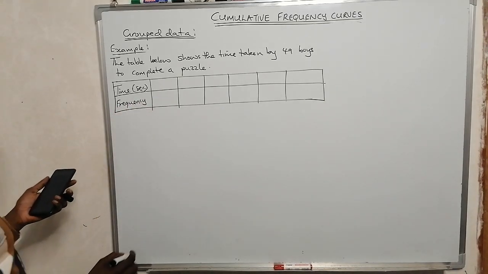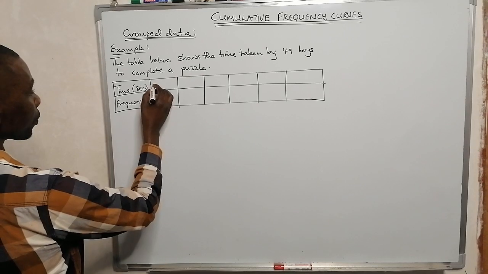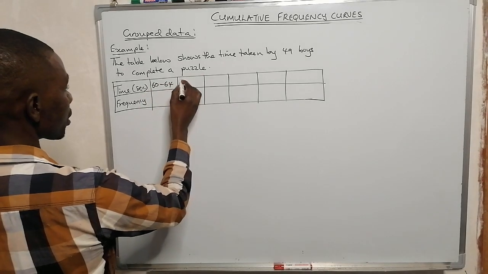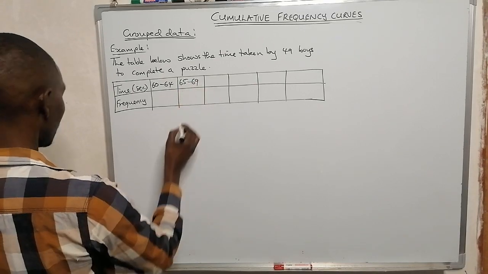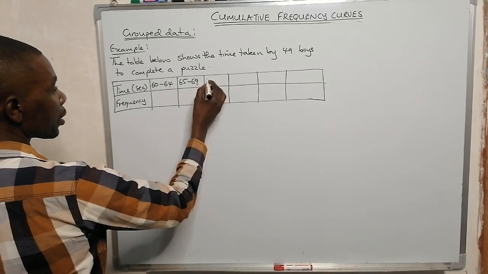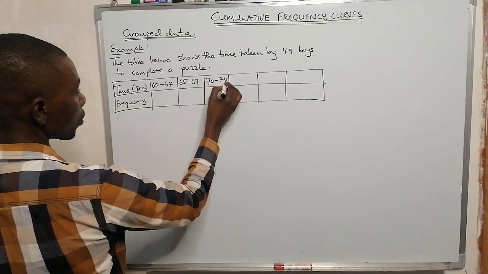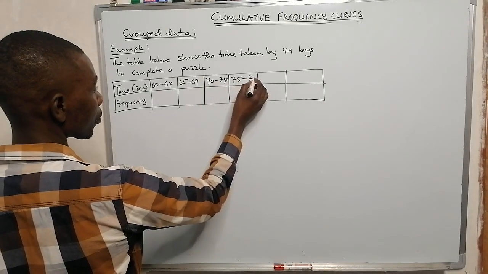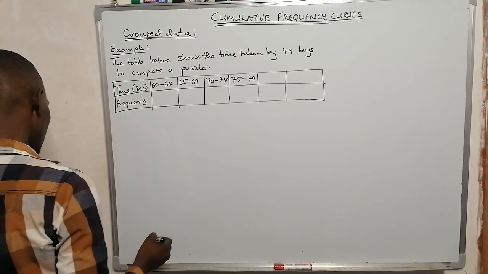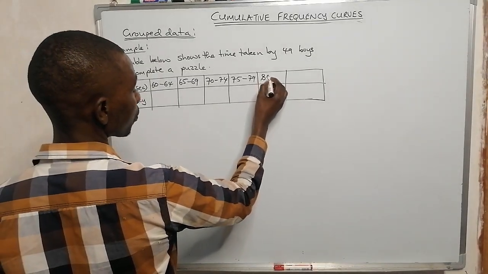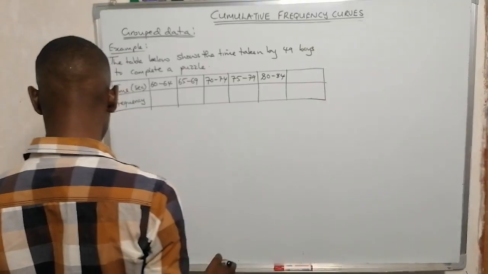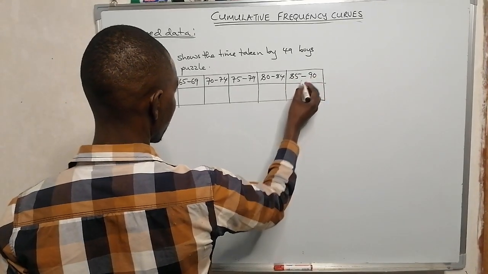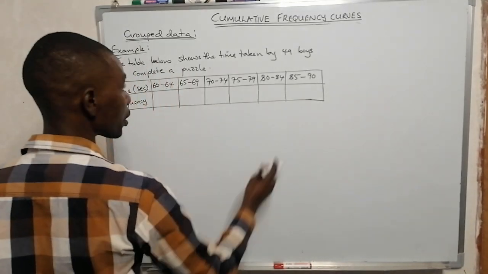Here we have 60 to 64, 65 to 69, 70 to 74, 75 to 79, 80 to 84, then 85 to 89.